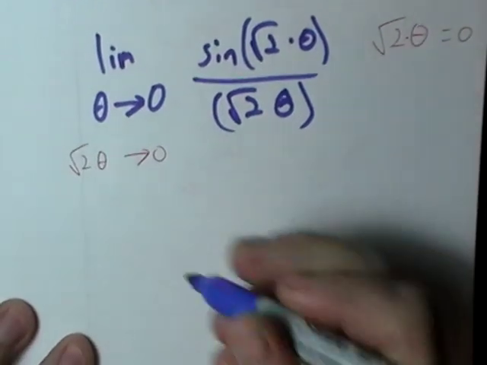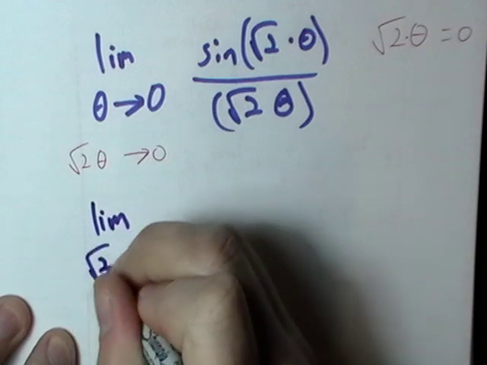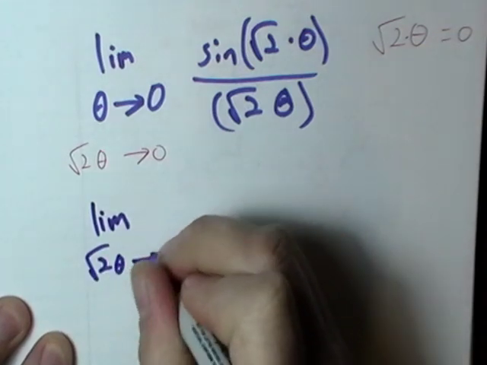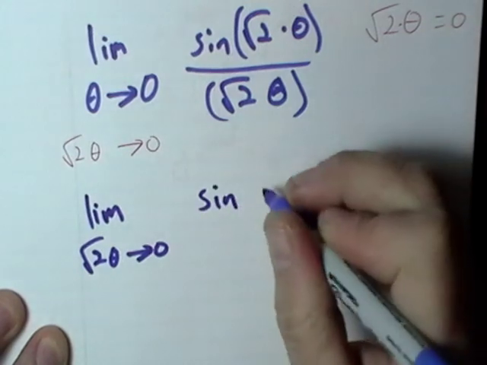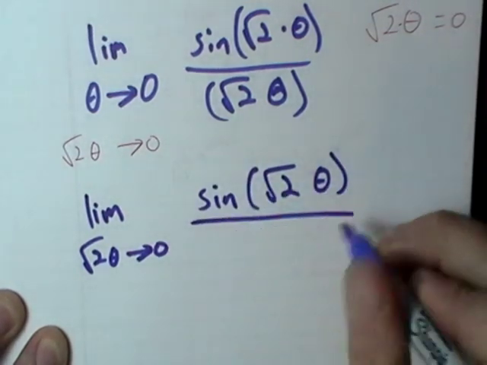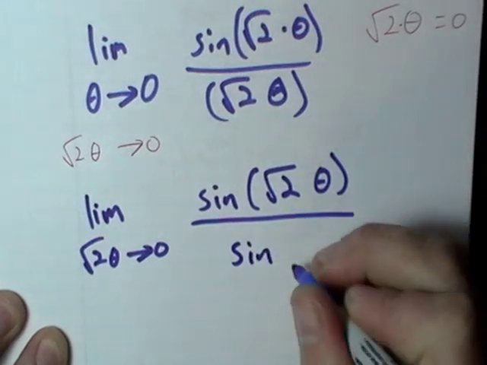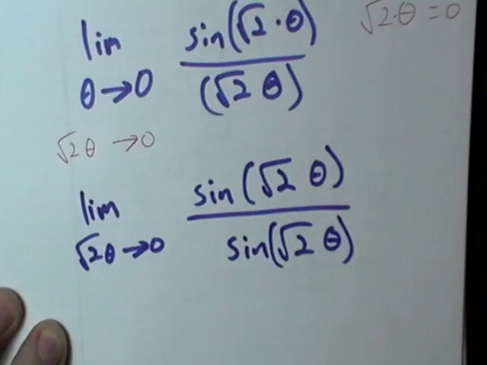So let's just go ahead and rewrite this as the limit as root 2 theta goes to 0 of sine over theta.